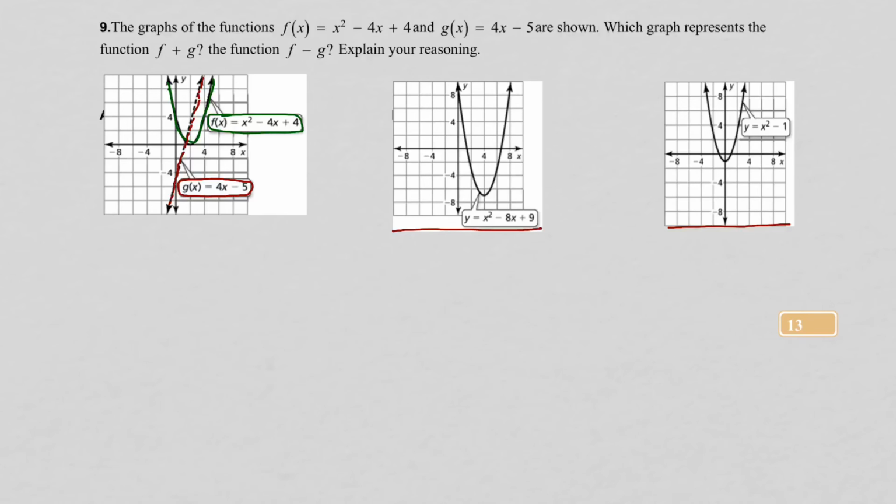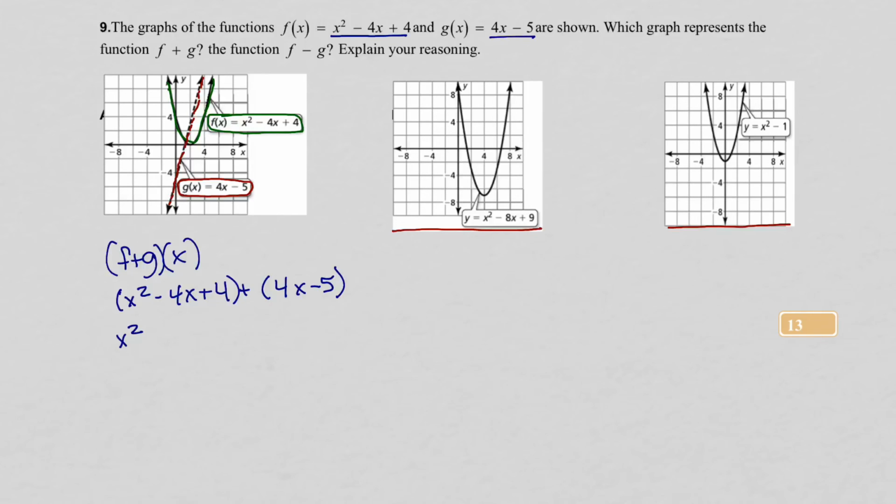So let's add them together and see what we get. So f plus g of x, well, I've got my values up here. So we're going to add them together just like we did back at the last set of notes. x squared minus 4x plus 4. And I'm going to add that to my g of x, which is 4x minus 5. I'm going to gather up my like terms. x squared.